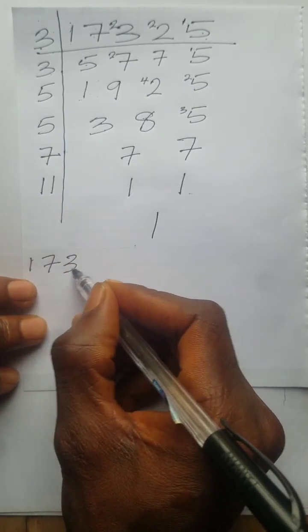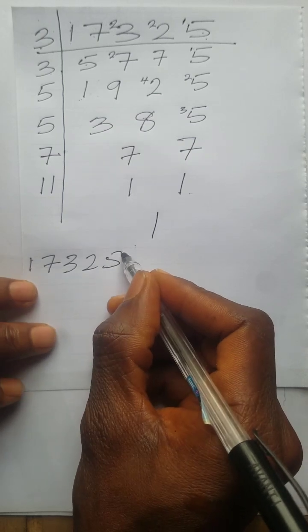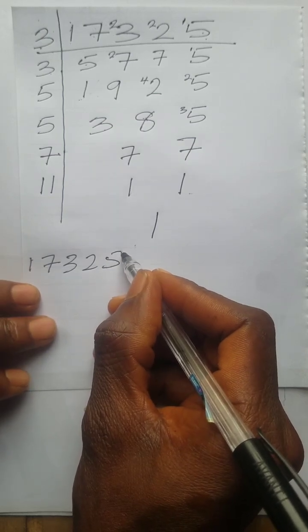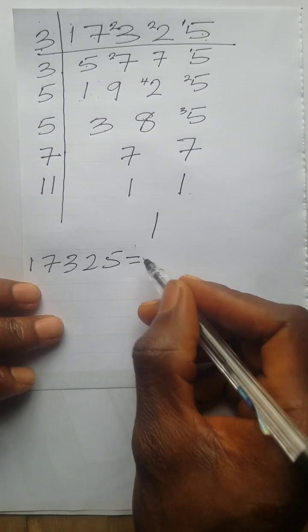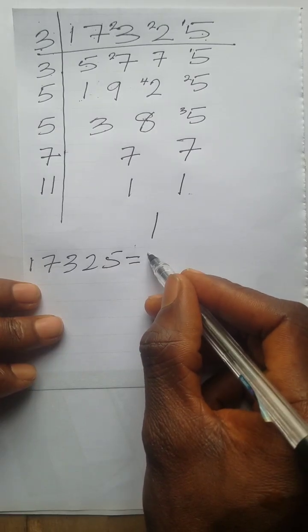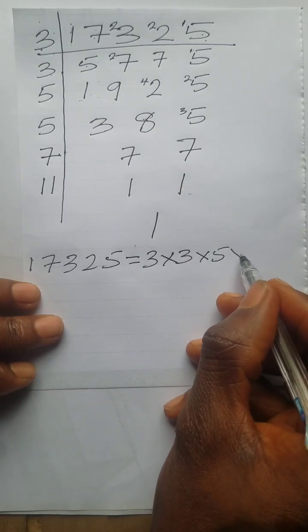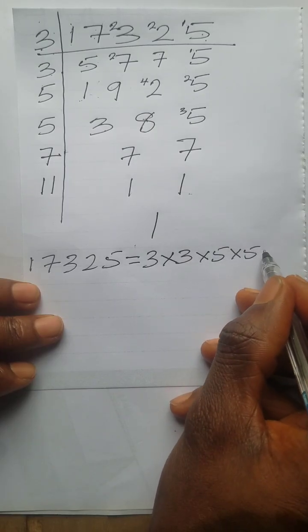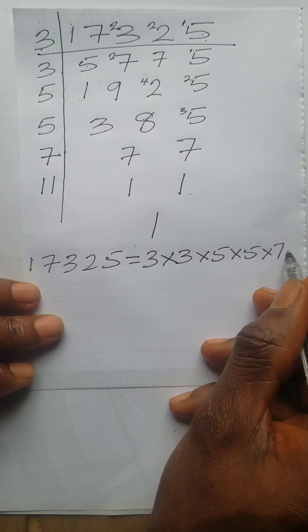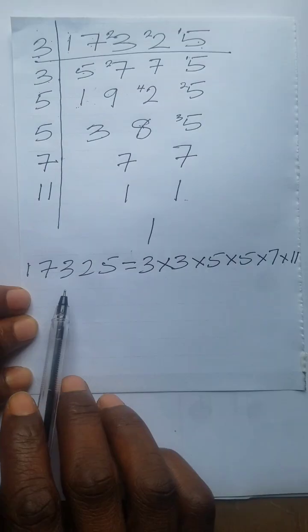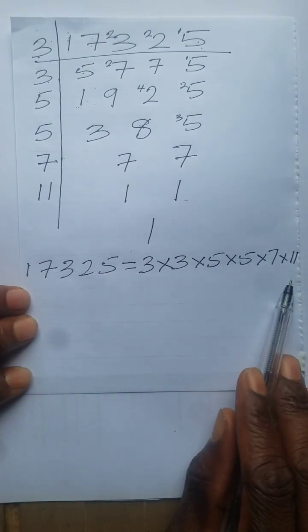So 17,325 expressed as product of its prime is 3 times 3 times 5 times 5 times 7 times 11. So that is our final answer.